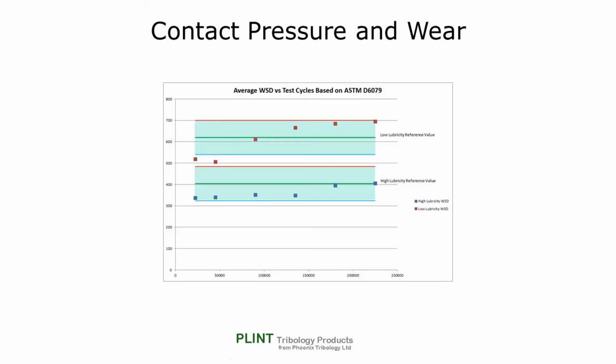It is apparent that within approximately 50,000 cycles, the difference in wear between the high and low reference fluids has been established, and that not much changes after that. ASTM D6079 gives a reproducibility figure of 80 microns as the approximate 95% confidence level.